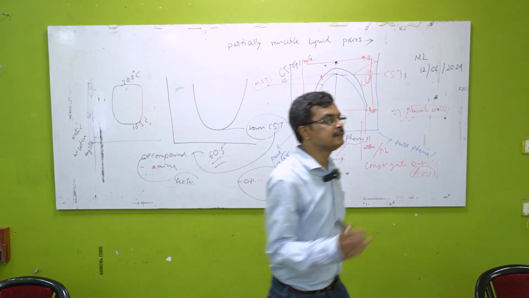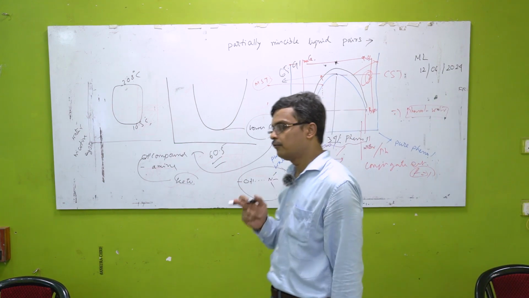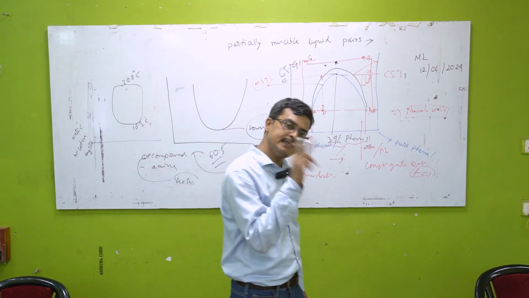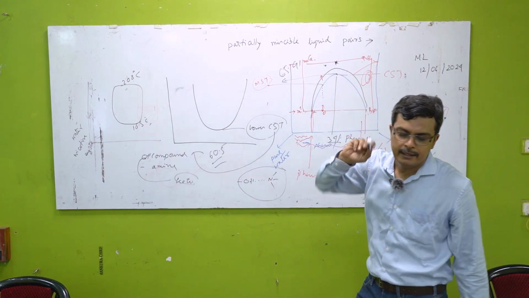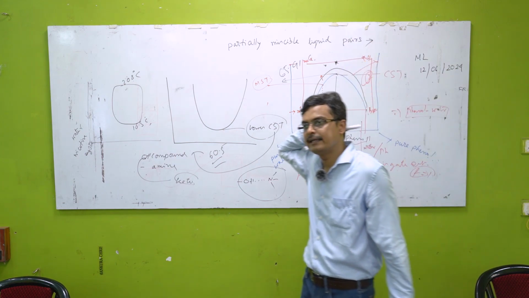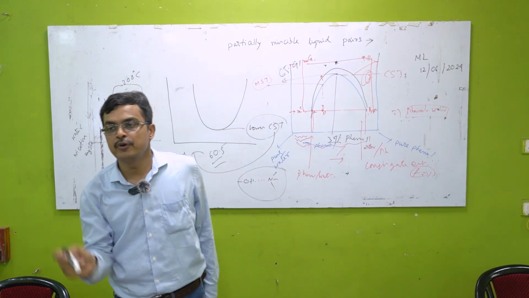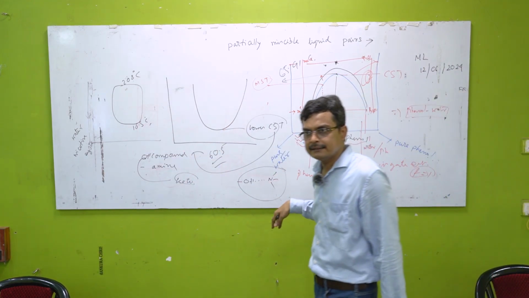So please listen: when the impurity is soluble in one phase, the mutual solubility decreases, so upper CST increases. That is what we are emphasizing on the water phenol system. And when the impurity is soluble in both the phases, then CST will decrease.